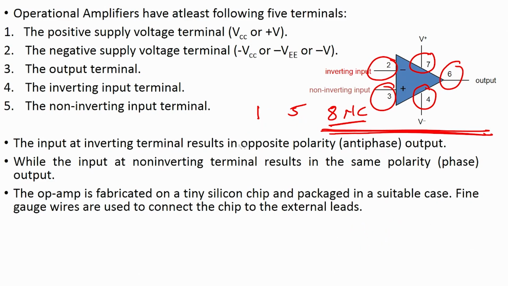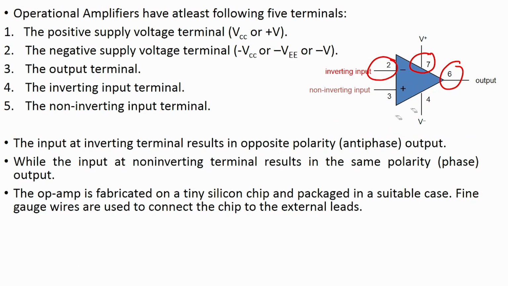So, when we talk about the op amp and the terminals, the first thing that we have to understand is that we have to apply plus V and minus V at terminals 7 and 4. These are called bias voltages, alright. And there is an advantage of this voltage that we will see at some point.